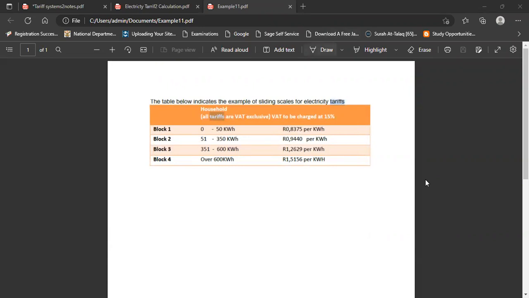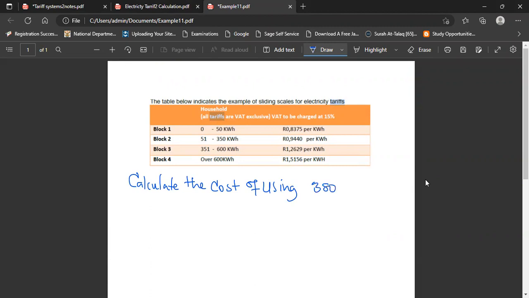All right, let's look at an example here. Let's calculate the cost of using 380 units of electricity. So number one, we remember we looked at this.